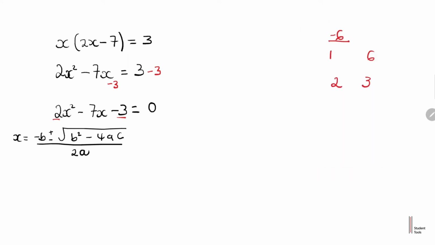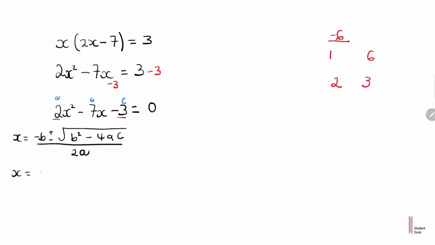Alright, now we have the quadratic formula, so we have to substitute into the formula to get the x values. a is the coefficient of x squared, b is the coefficient of x, and c is the constant. So now let us substitute into the formula so that we can get the values of x. x is equal to minus b.